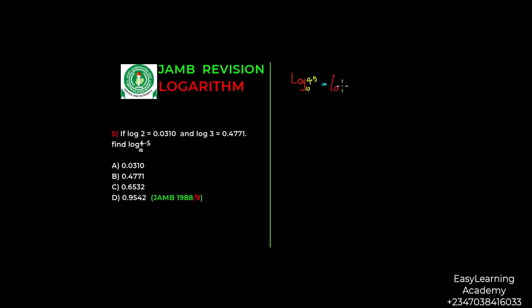Let's rewrite everything so we don't get mixed up. Log of 4.5, which is the same thing as 45 divided by 10, and the base will still remain as base 10.